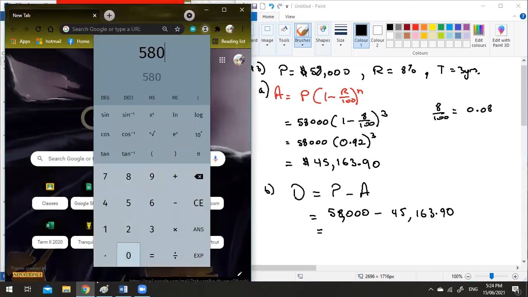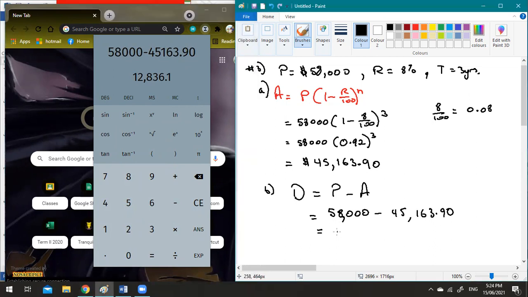So 58,000 minus $45,163.90. Right. So $12,836, and this is 10 cents.